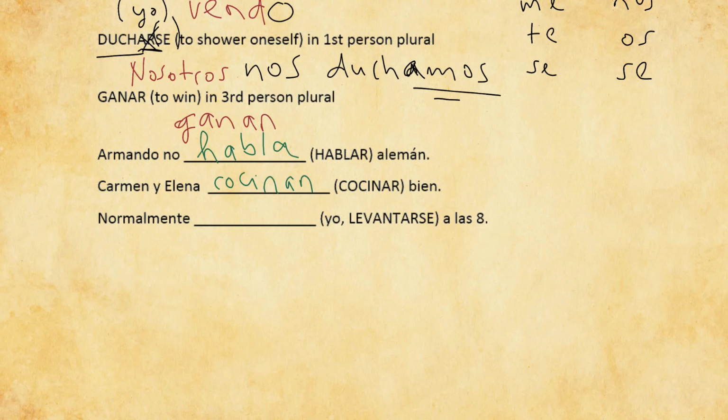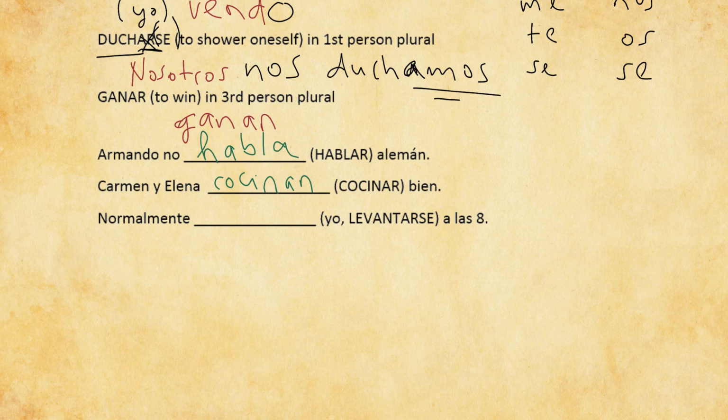And the last one, normalmente, yo levantarse a las 8. So here I have to put this verb into first person singular, which is yo, or I, and we see that it is an AR ending verb, but it is also reflexive. So first of all, we'll take care of the reflexive part. You can still see part of the table that I did on the reflexive endings. Yo is the first person, me, te, se, nos, os, se. We will need me, because yo is first person singular.